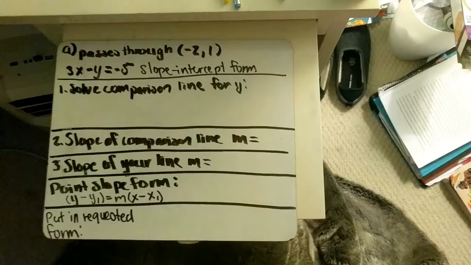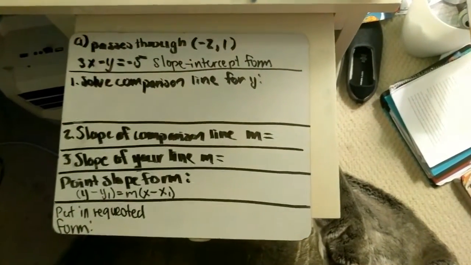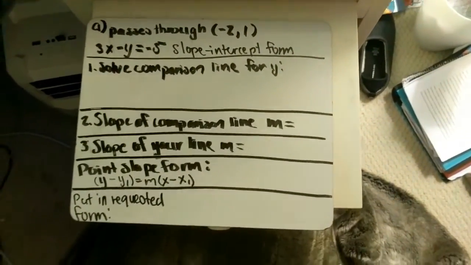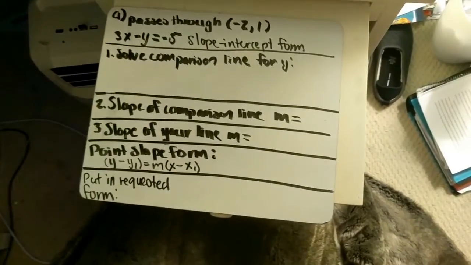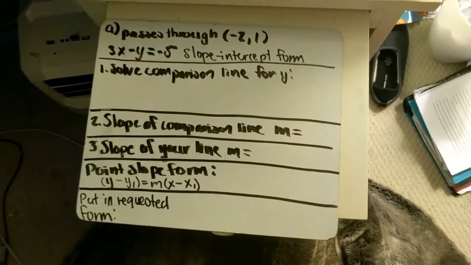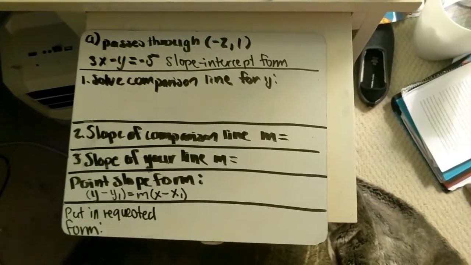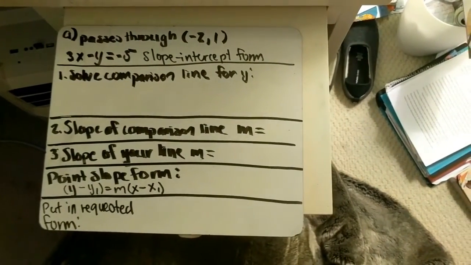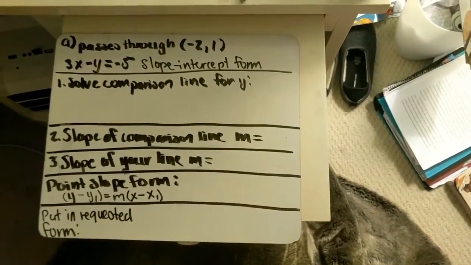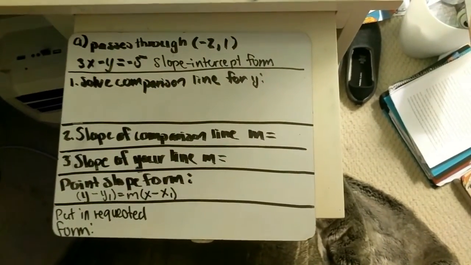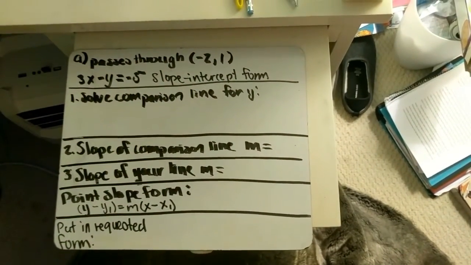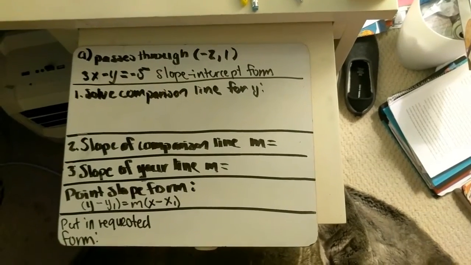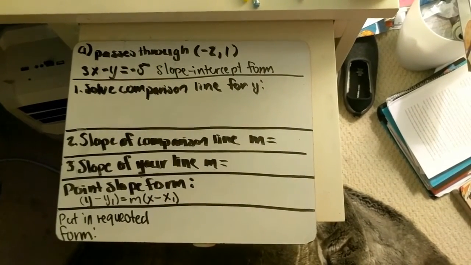To write the equation of a line that is either parallel or perpendicular to a given line, there are certain steps you need to follow. First, solve the comparison line for y, if not already. Second, find the slope of the comparison line. Third, decide on the slope you need for your line. Parallel will use the same slope.